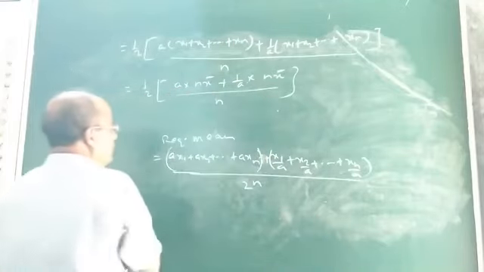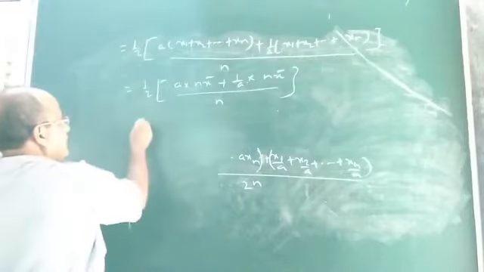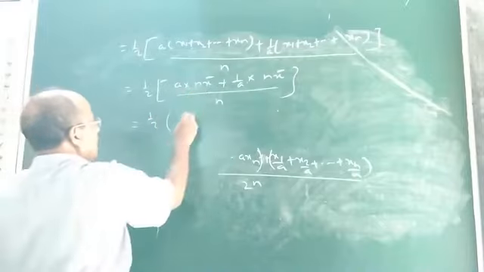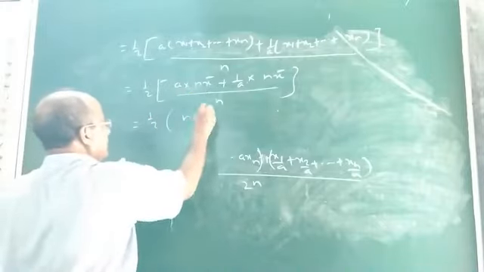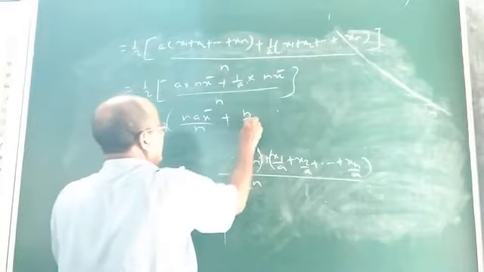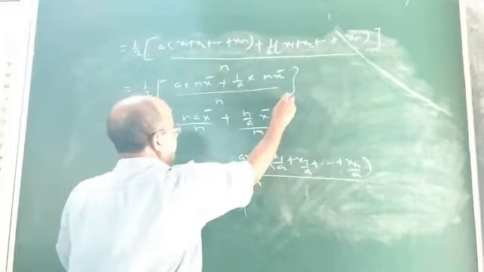Okay. Now let us simplify it further. So this is half into n into a x bar divided by n plus n by a x bar divided by n.